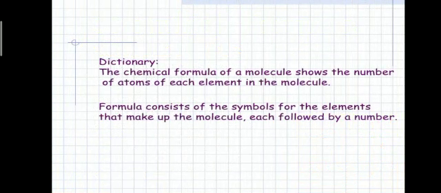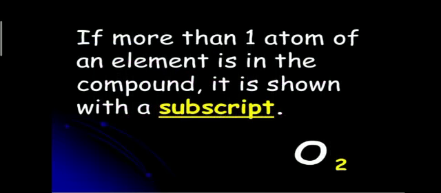The chemical formula of a molecule shows the number of atoms of each element in the molecule, that is, how many atoms are present in a chemical formula. A formula consists of the symbols for the elements that make up the molecule, each followed by a number. If more than one atom of an element is in the compound, for example water, we have 2 hydrogen atoms and 1 oxygen atom.